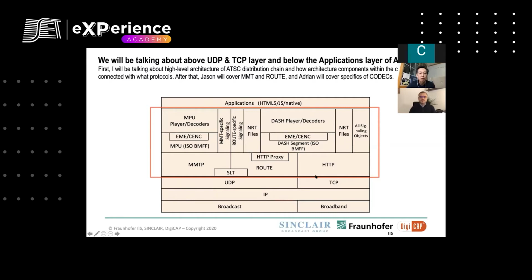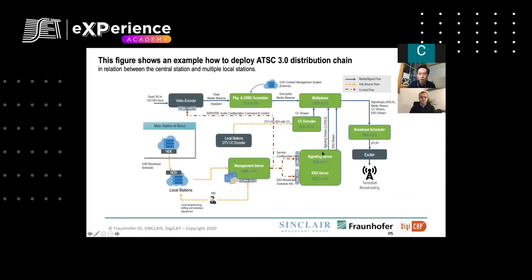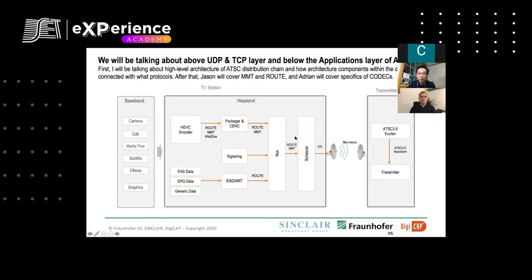What we will be talking about is the transport layer, above the UDP and TCP layer and below the application layer. First, I'll be talking about the high-level architecture of the ATSC distribution chain and how architectural components within that chain are connected with which protocol. After that, Jason will cover MMT and ROUTE in detail. Adrian will cover the specifics of the codec detail.